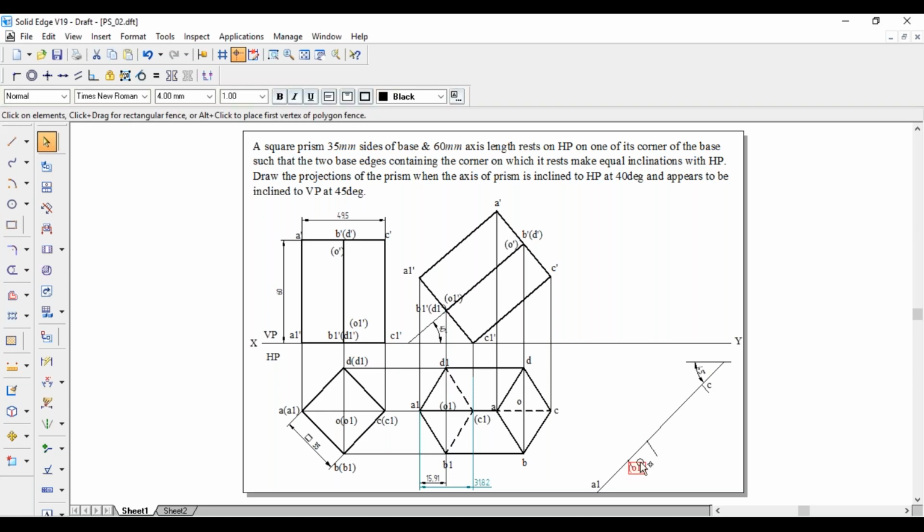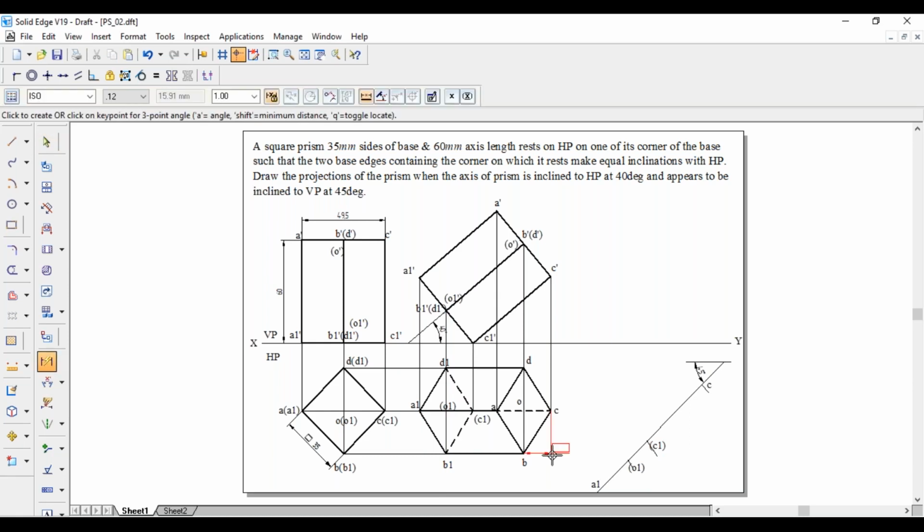Similarly, AO we have to get. That is also same distance from C. So this one is 15.91. This one is 31.8.